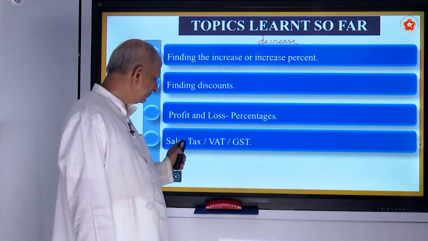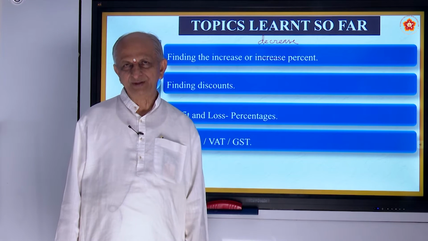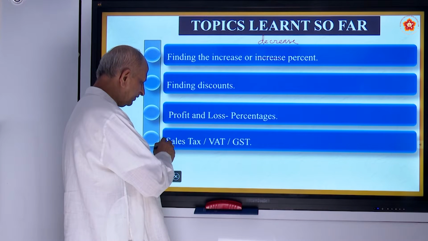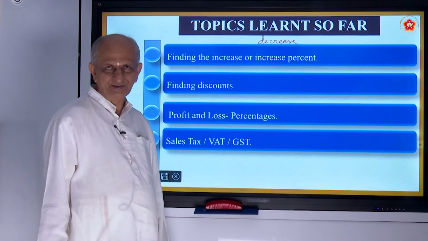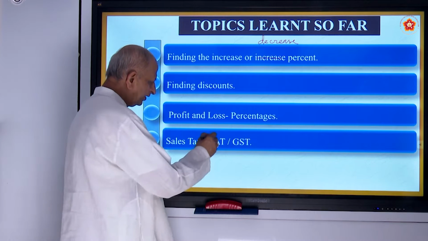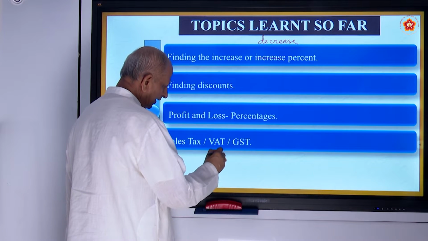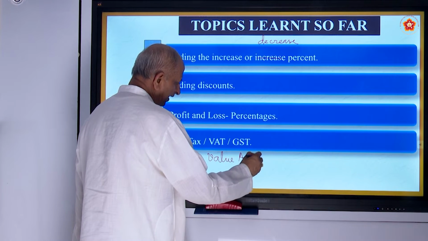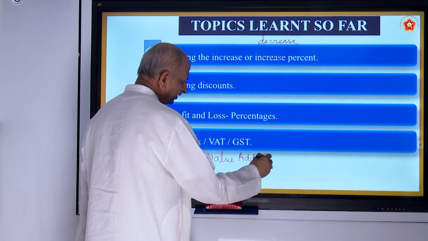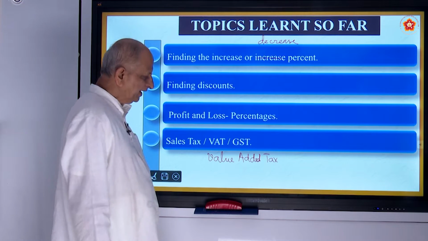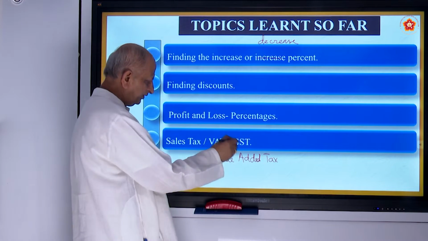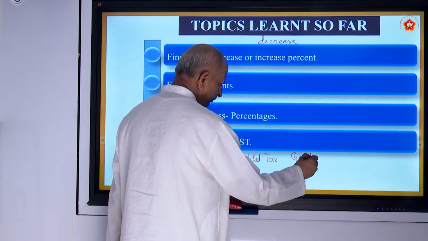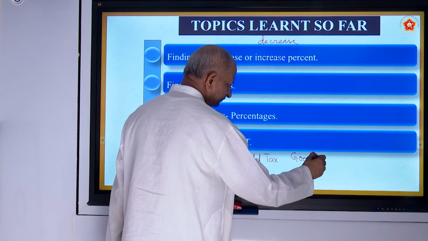Also, for all the goods that are sold in a shop or in a market, there will be sales tax charged, sometimes also called VAT, that is value added tax. This sales tax or VAT or GST, all these are added to the selling price. What is GST? Goods and service tax.